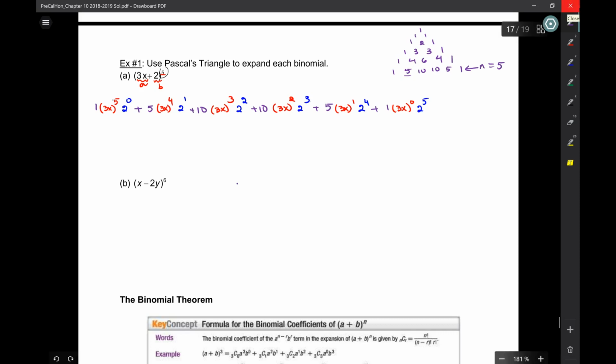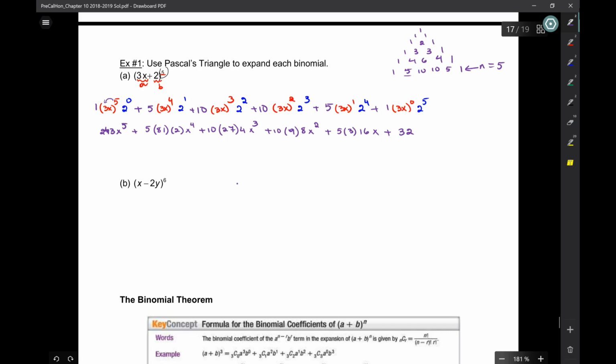So here I have 3 to the 5, which is 243, x to the 5, plus 5 times 3 to the 4 is 81, times 2, times x to the 4, plus 10 times 27 times 4 times x cubed, plus 10 times 9 times 8 x squared, plus here I have 5 times 3 times 16 times x, plus 2 to the 5 is 32.